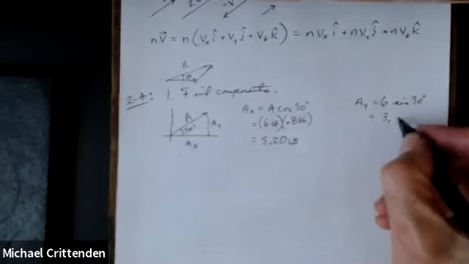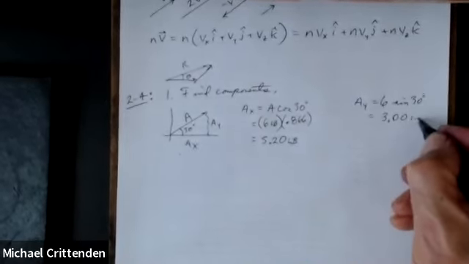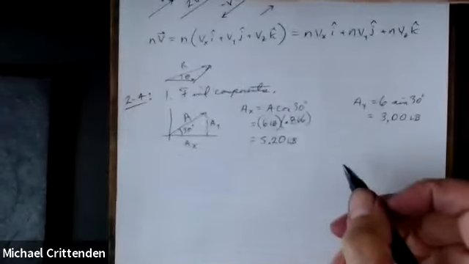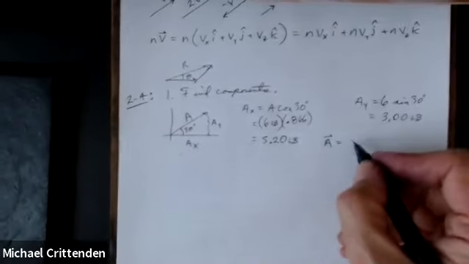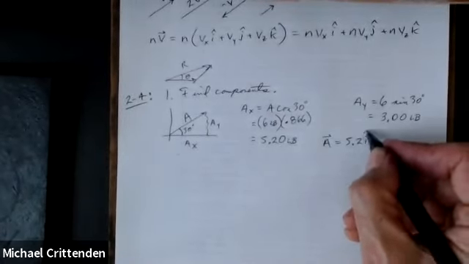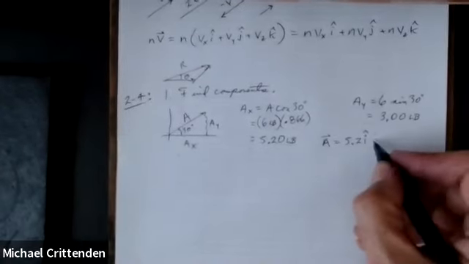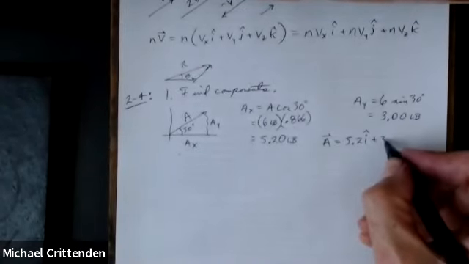Sine of 30 is exactly 1/2, so this comes out 3.00 pounds. And so vector A in unit vector notation, 5.2, I'm going to be lazy and leave off the 0, but I really ought to include like I did over there. Same thing here.